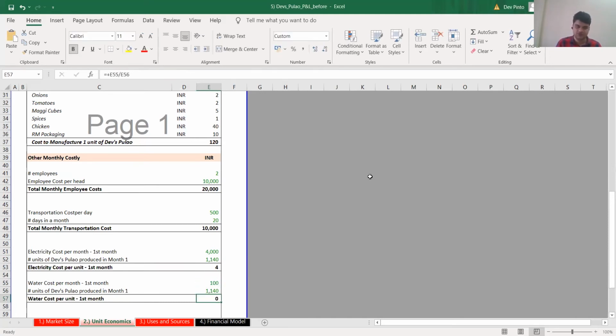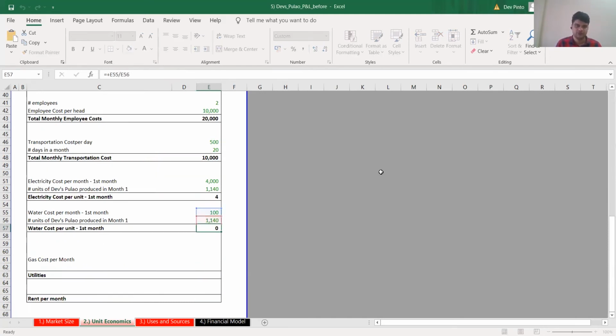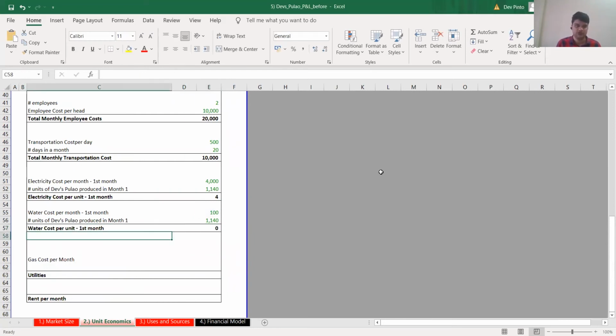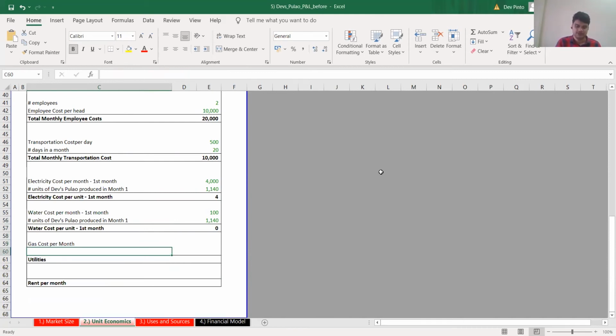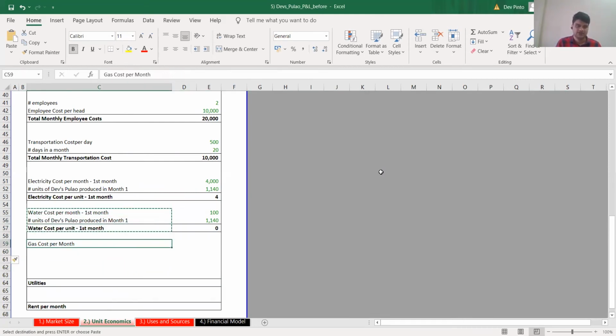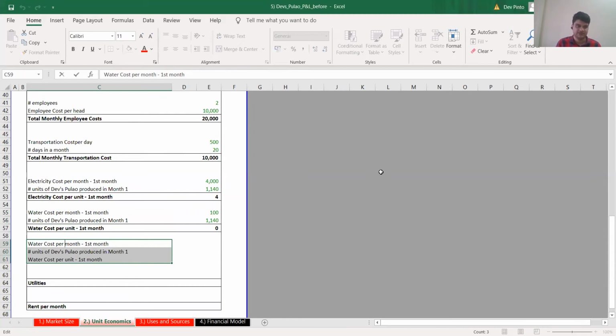Water cost per unit goes to almost close to nothing because we're using tap water, but nonetheless, let's do the same thing for gas.